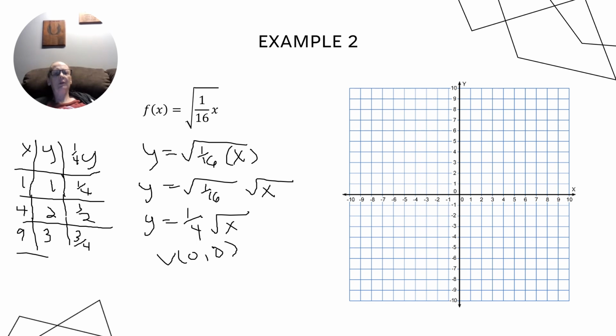Let's try and do one more. 4 squared is 16. So that's 4. And then 1/4 times 4 is finally 1. So you can see this is pretty tiny as far as up and down is concerned. So we're going to plot our vertex, which is at 0, 0.